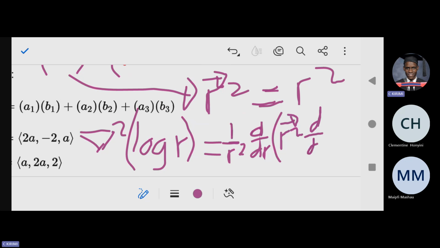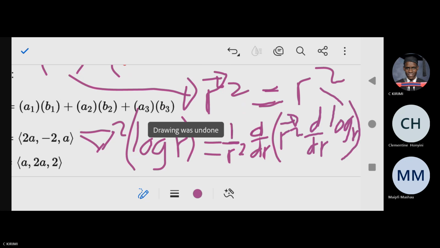It's d dr of log R. Your f is now log R, so instead of putting an f, you put log R: d dr of log R.